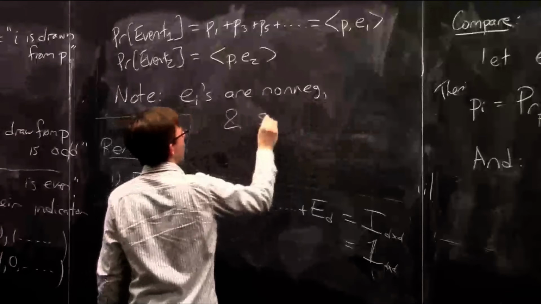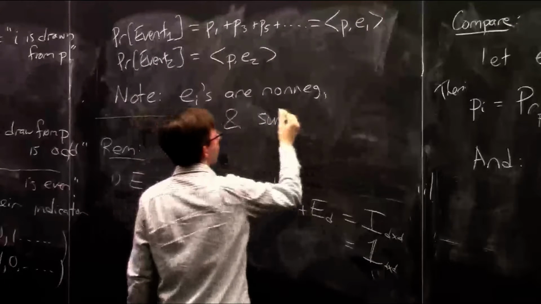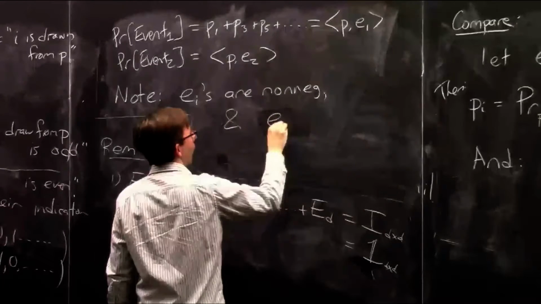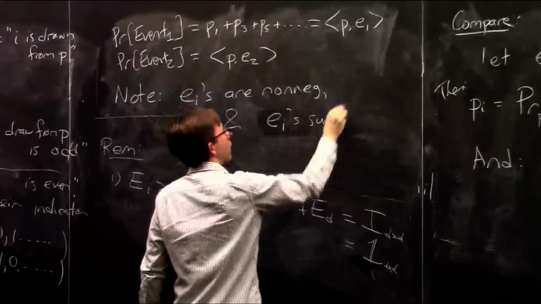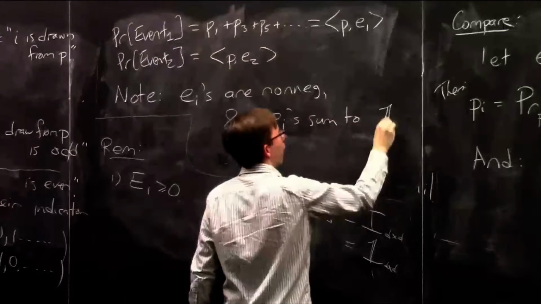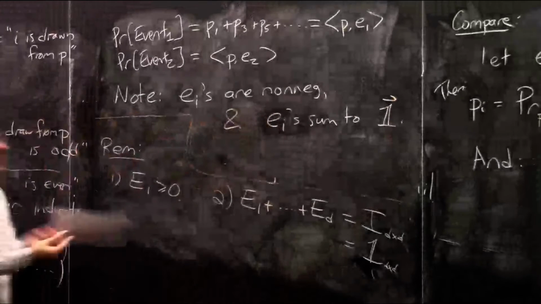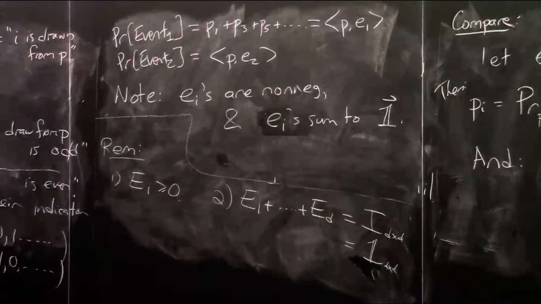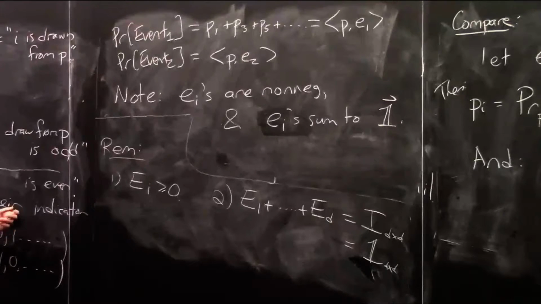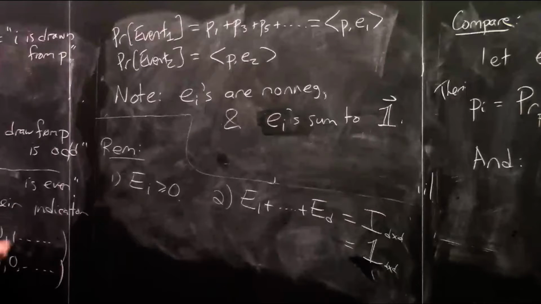And the E_i sum to the all ones vector. Let me write that. They sum to the all ones vector because these events are mutually exclusive and exhaustive, right? One of these two events always happens, so you need that for each coordinate, if that is drawn from the distribution P, exactly one of these guys happens.